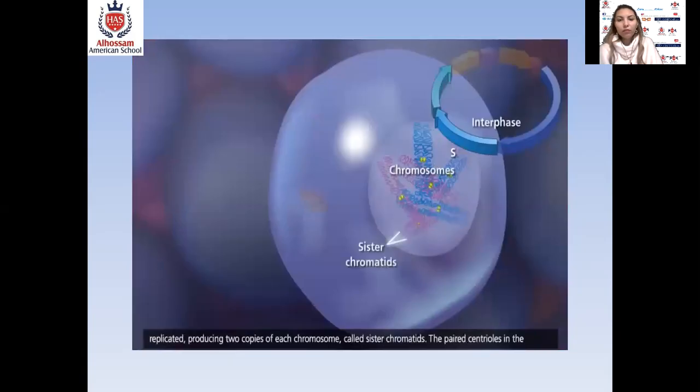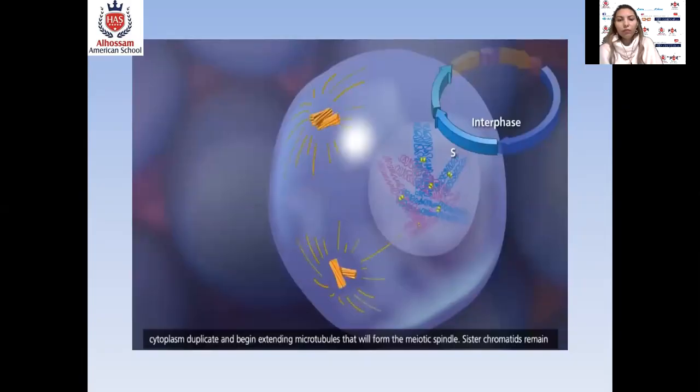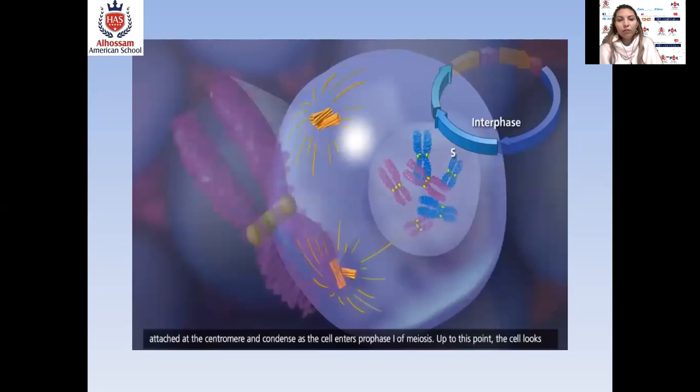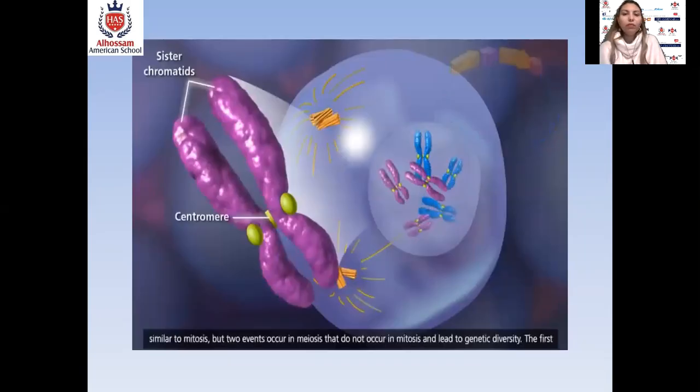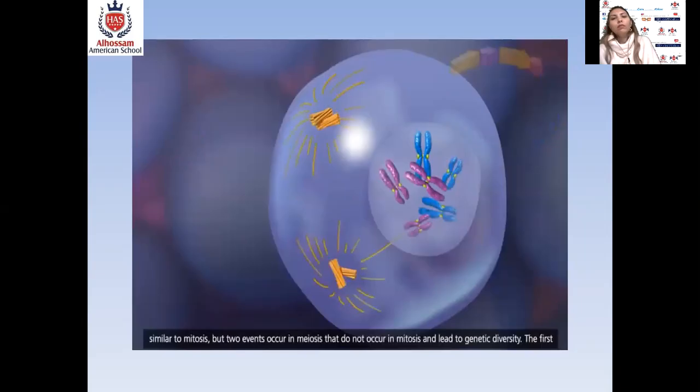The paired centrioles in the cytoplasm duplicate and begin extending microtubules that will form the meiotic spindle. Sister chromatids remain attached at the centromere and condense as the cell enters prophase 1 of meiosis. Up to this point, the cell looks similar to mitosis, but 2 events occur in meiosis that do not occur in mitosis and lead to genetic diversity.